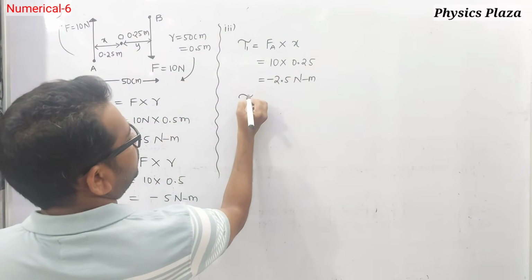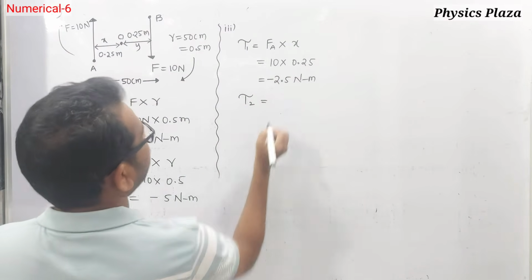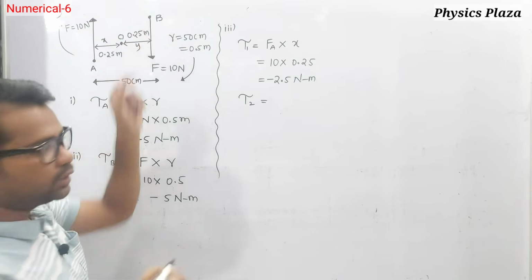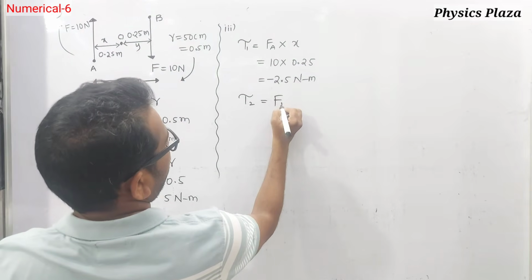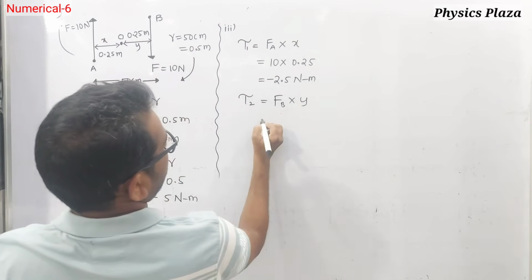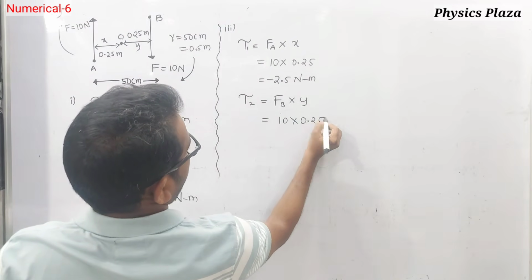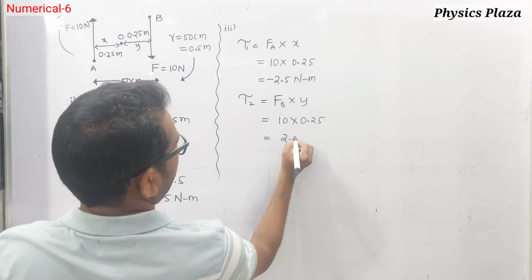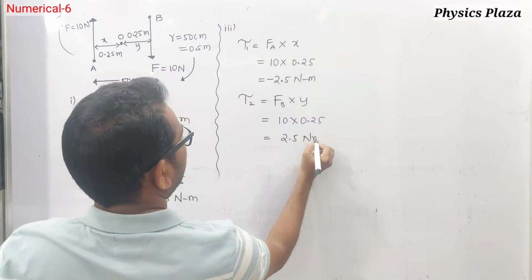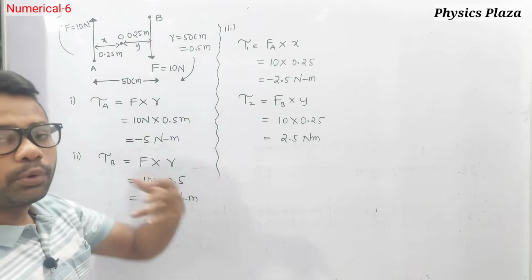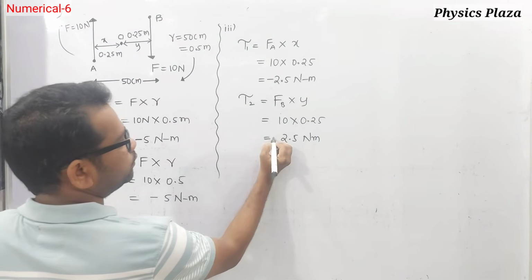Now let us see the moment of force about this point O due to the force acting at point B: the force at B into y. This is 10 into 0.25, which is 2.5 Newton meter. Children, as usual, the force acting at point B will produce a clockwise moment. It is negative only.